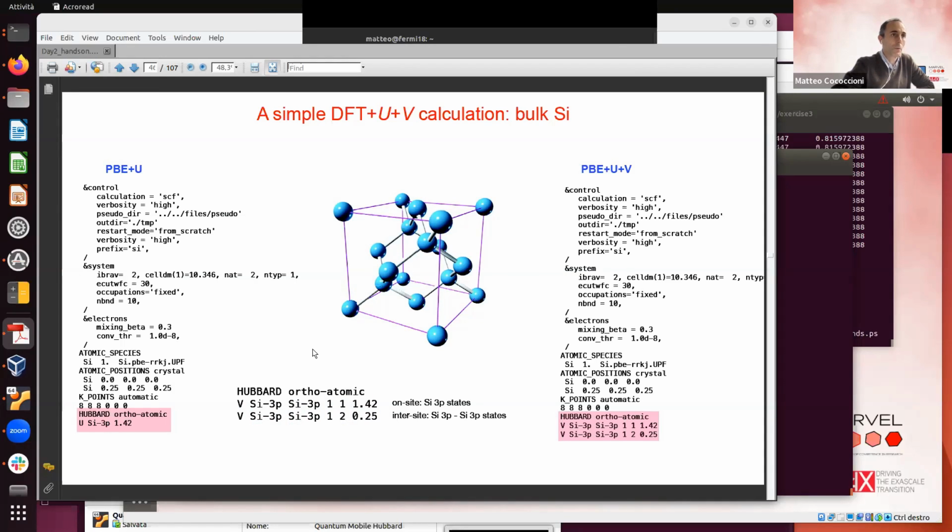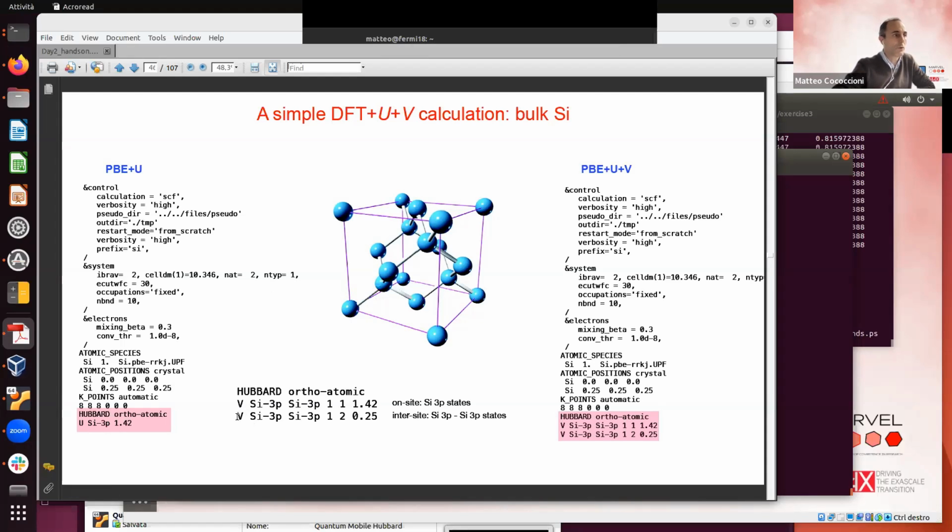One may think, okay, but this atom is not the only first nearest neighbor of this one. Should I have all 4 of them indicated in this list? No. The code only needs one of them, and then it recognizes which are the other neighbors sitting at the same distance from the first one, and automatically puts the same V between all of them.